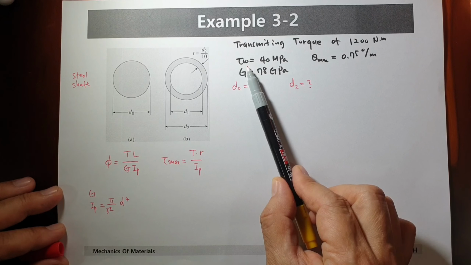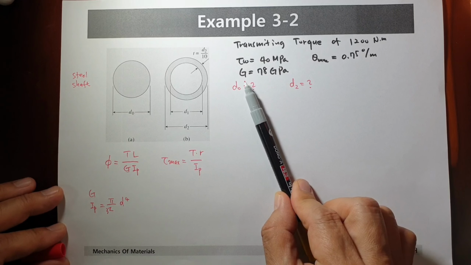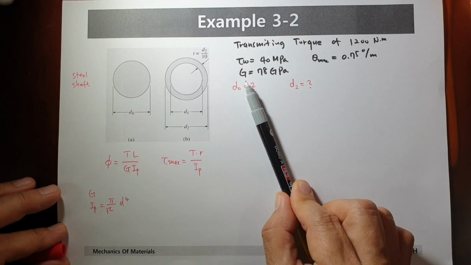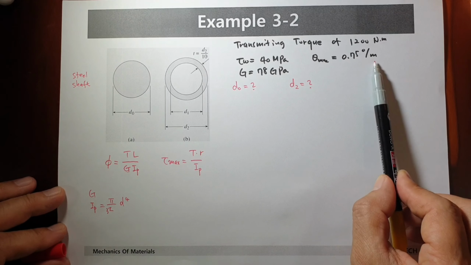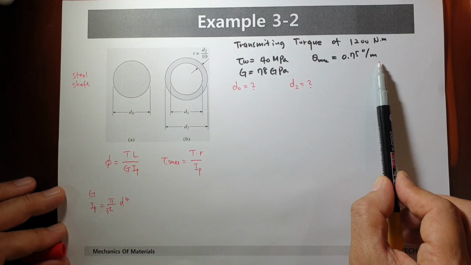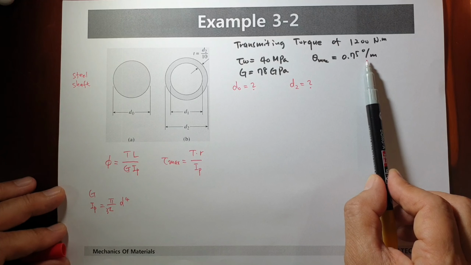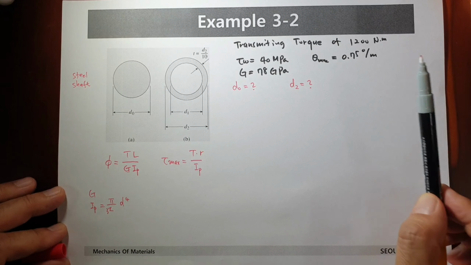And normally shear stress is given by the material itself, its material characteristics. And shear modulus of elasticity is the same. It's also dependent upon the material itself. And here we also have some requirement: maximum allowable change of angle, which is expressed in degree per meter, is also given.